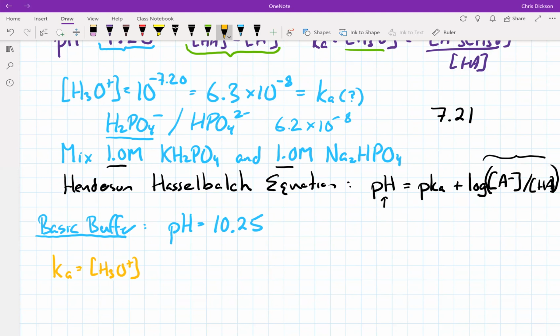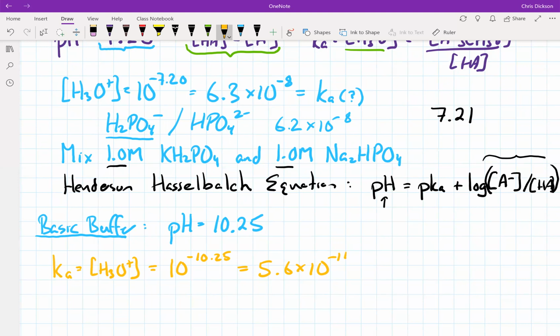And of course, if I want the pH to be 10.25, then I obviously want the hydronium to be at that concentration. So to find that out, we take the antilog of the pH, which gives 10 raised to the negative 10.25. So we get 5.6 times 10 to the minus 11.